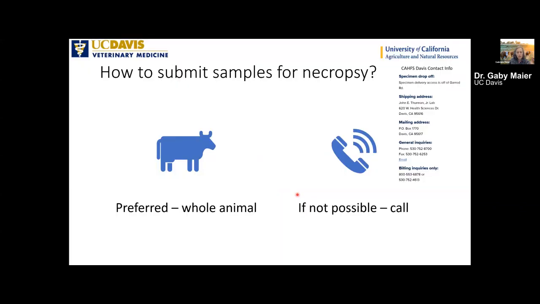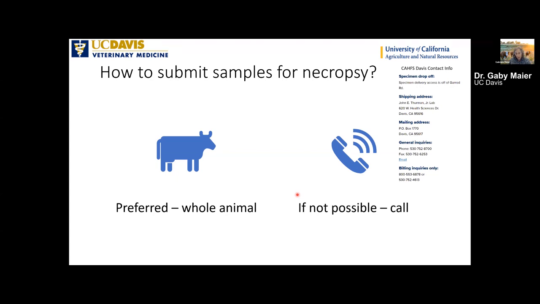When you submit something for necropsy, what's preferred is the whole animal, the whole carcass, because that will give them the best option to open it up and recognize things that are abnormal, and then take the best sample to do further testing.